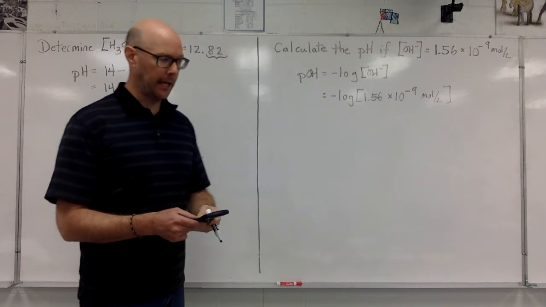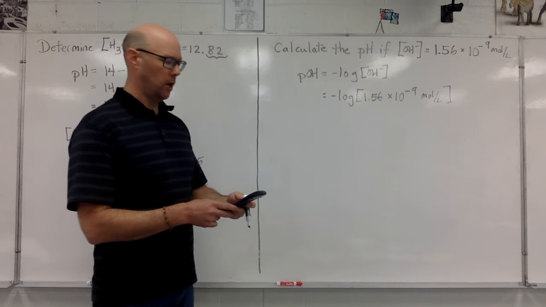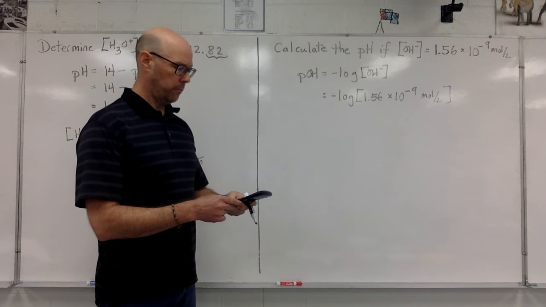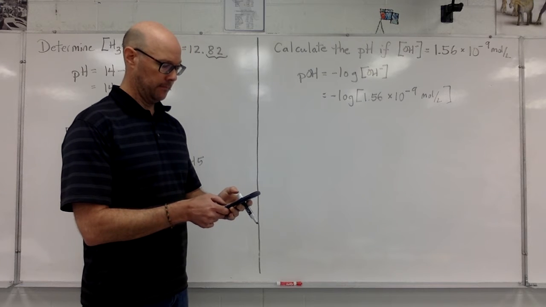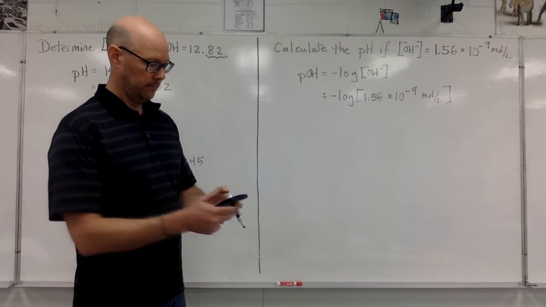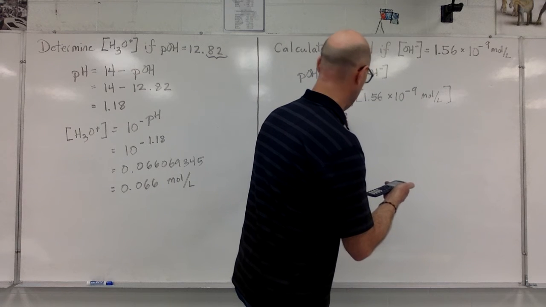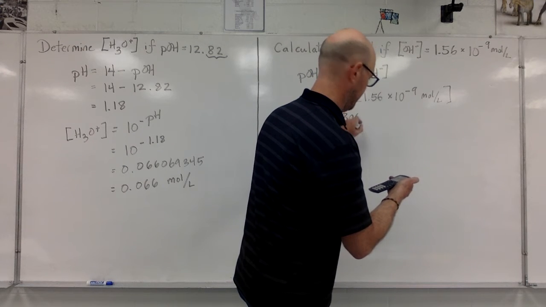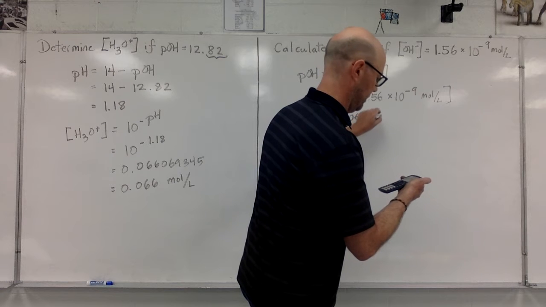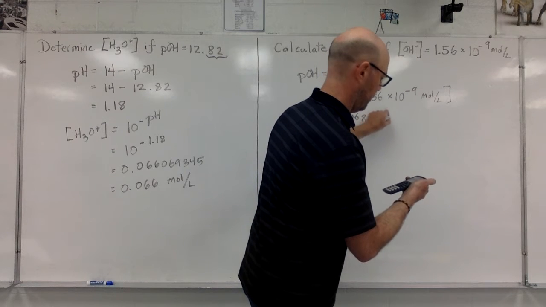I type that into my calculator, the negative log of 1.56 times 10 to the negative 9, and it is equal to 8.806875402.